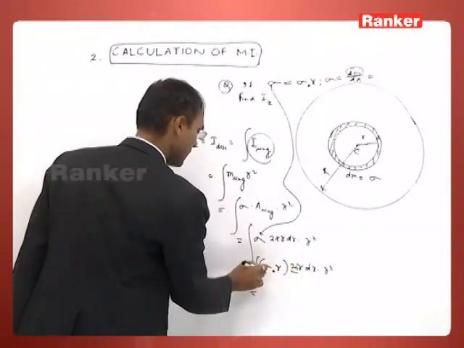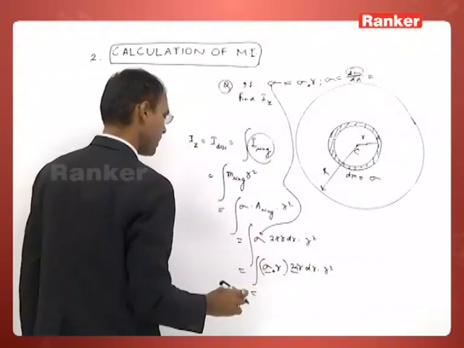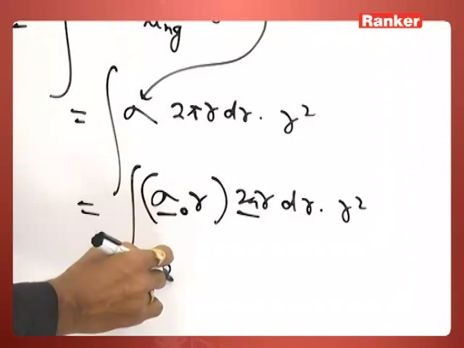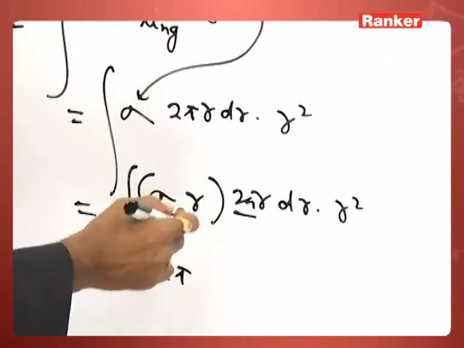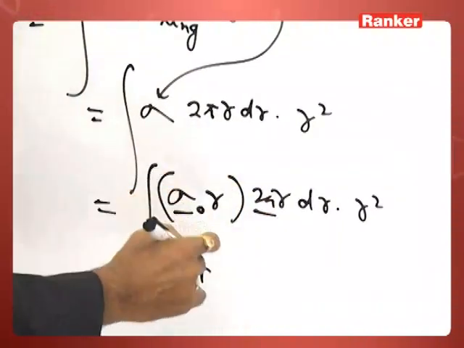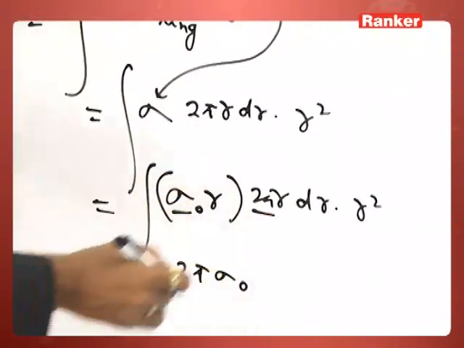2 pi and sigma naught are in product form, and are constant quantities. Take them out of the integral.